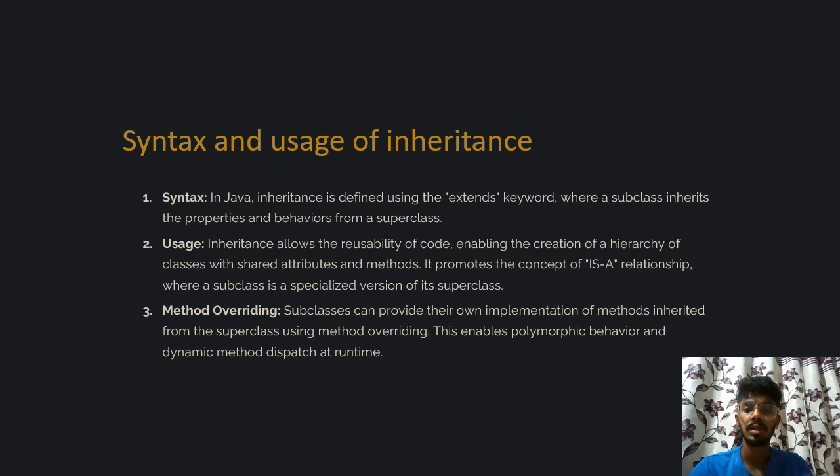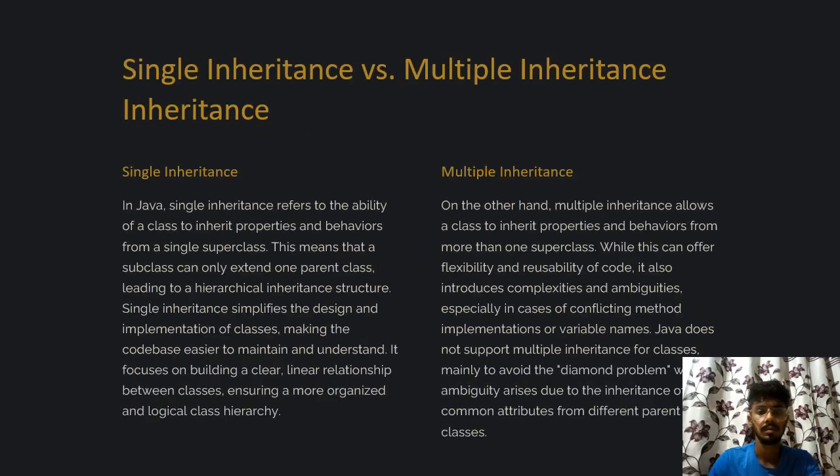It promotes the concept of an ISA relationship, where a subclass is a specialized version of its superclass. Method overriding: subclasses can provide their own implementation of methods inherited from the superclass using method overriding. This enables polymorphic behavior and dynamic method dispatch at runtime.